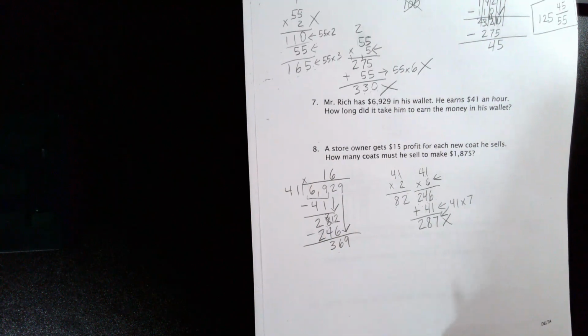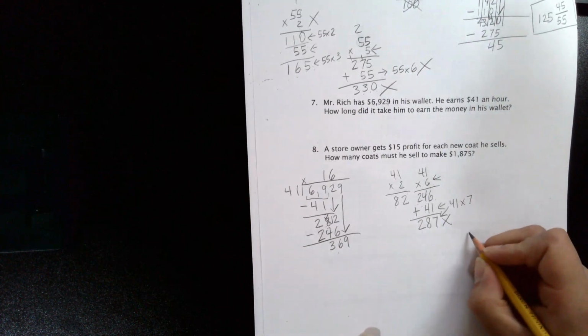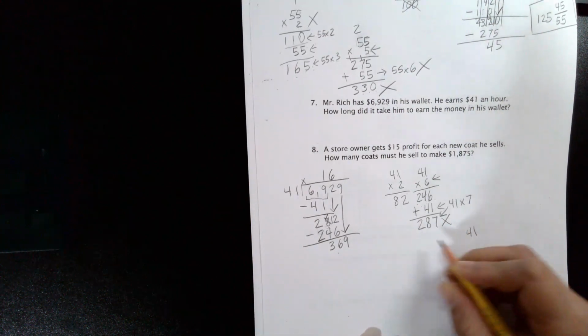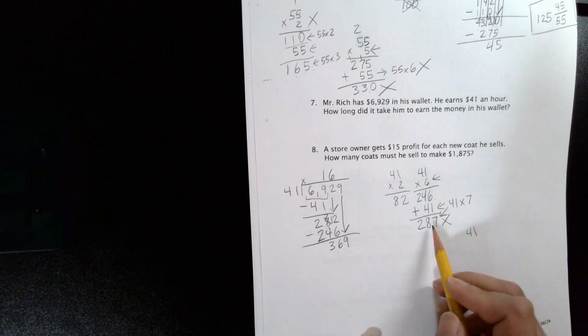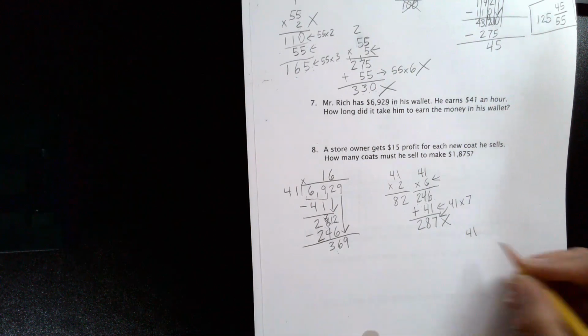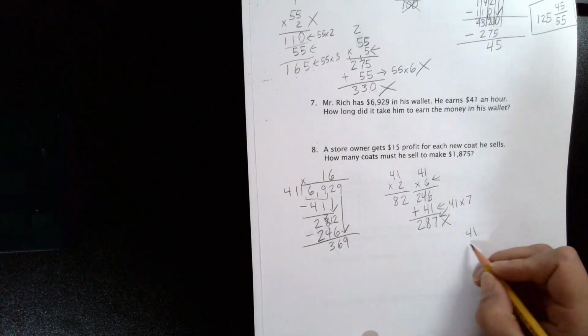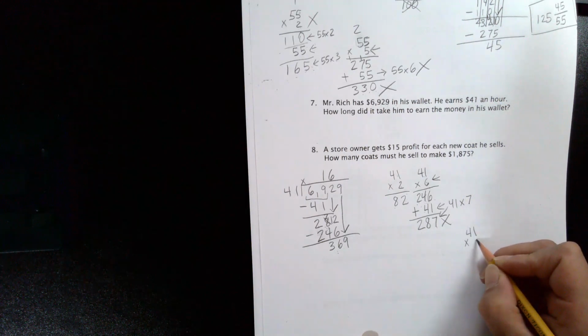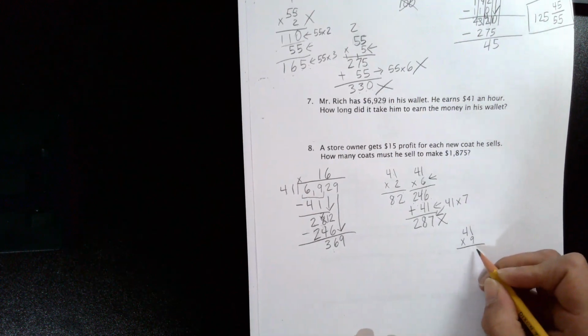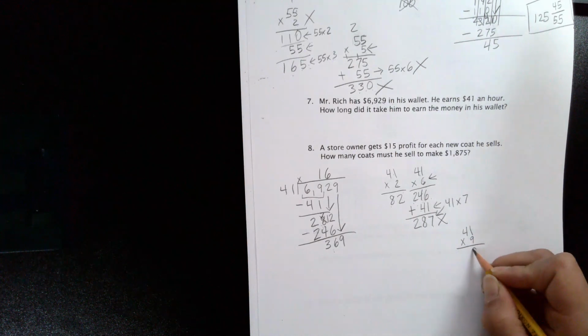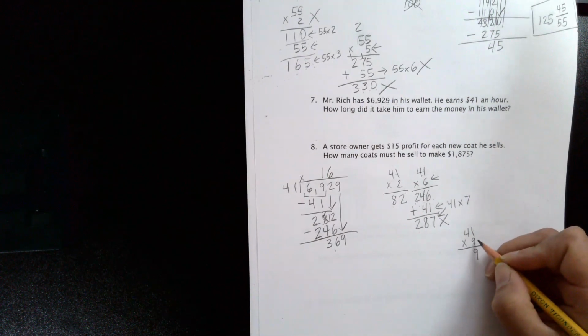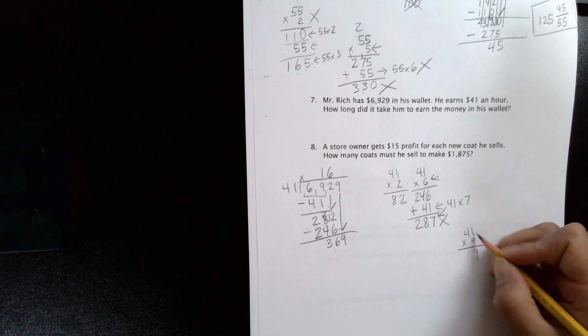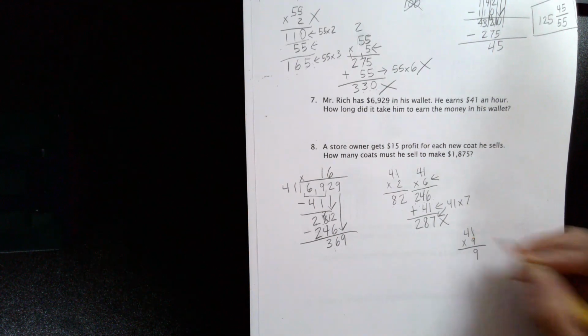So we can try 41 times, let me see, this one looks like it could probably fit 2 more, I'm not sure, let's see, 41 times 9. We'll try that one first and see if it works. So we'll do 9 times 1 is 9, and 9 times 4 is 36.